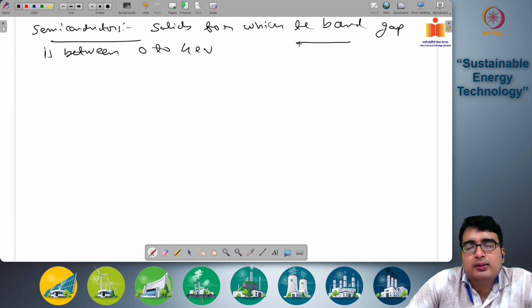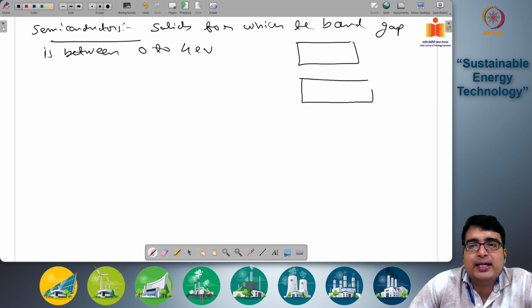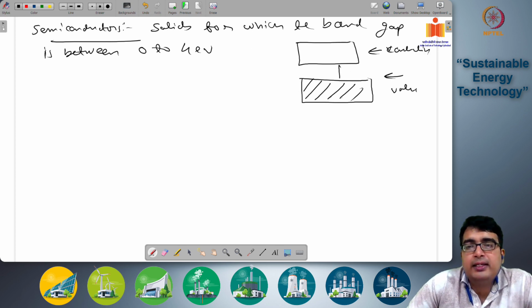So here, the valence band and conduction band do not overlap, but they are close to each other. Okay, so this is your valence band and this is your conduction band. Here, E gap is less than 4 electron volts.